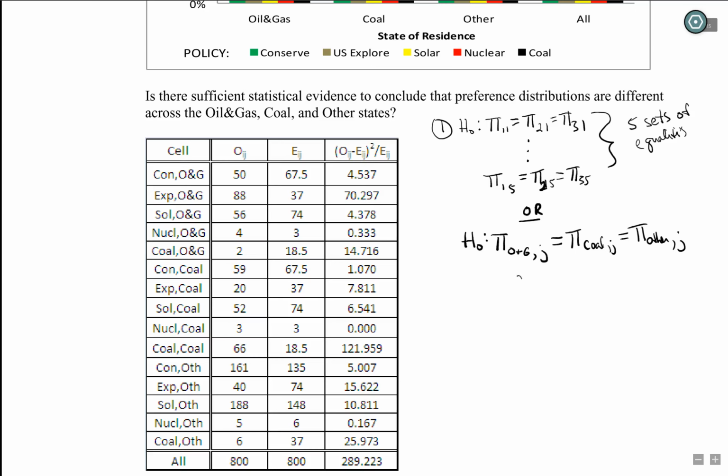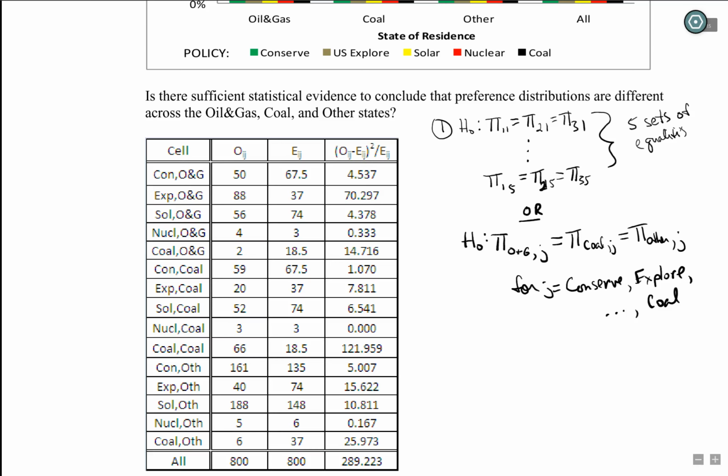And this is for all the j, where j goes through all the classes here: conserve, explore, all the way up to the 5th class of coal. So that's technically what the hypotheses are, but it's checking to see, is there a difference in the row distributions for these 3 kinds of states. Okay, so that's our hypothesis.